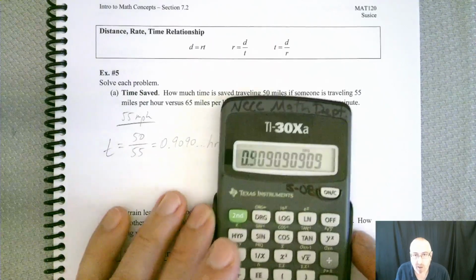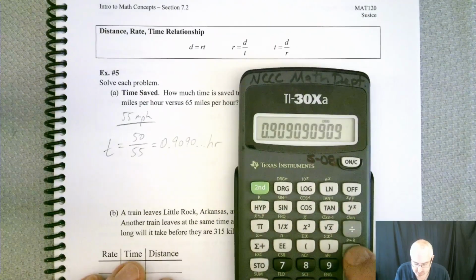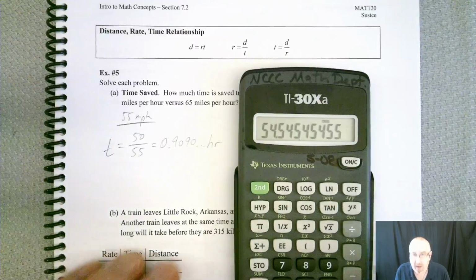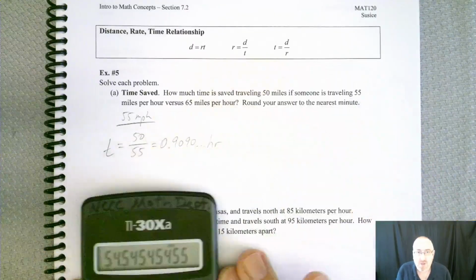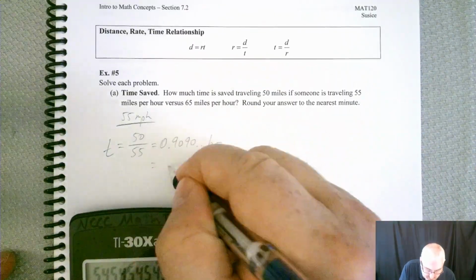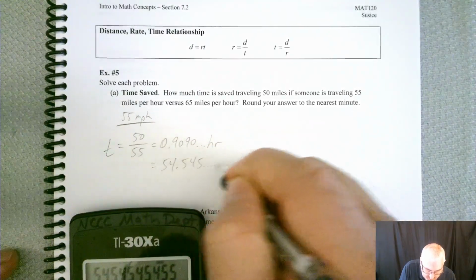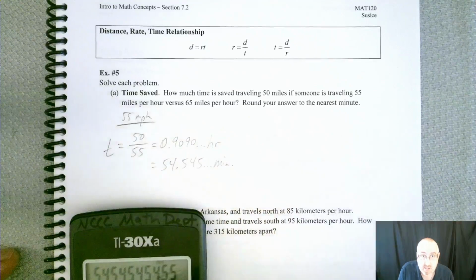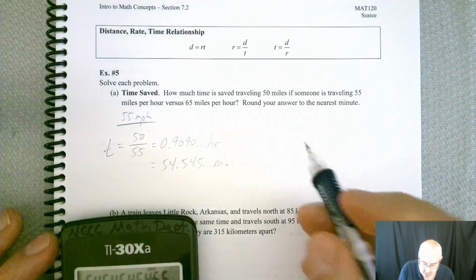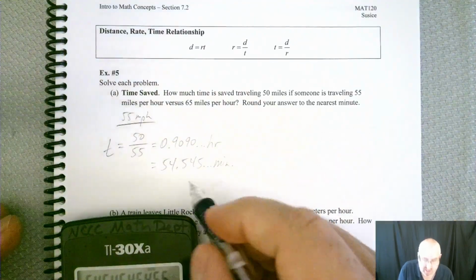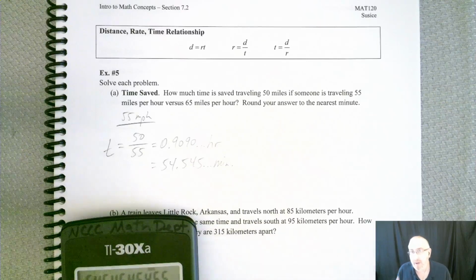So really all we have to do is just times this by 60, and that will tell us how many minutes. So we got 54.545 minutes, which we could round to the nearest minute, but let's leave it like that for now. We'll round at the very end.